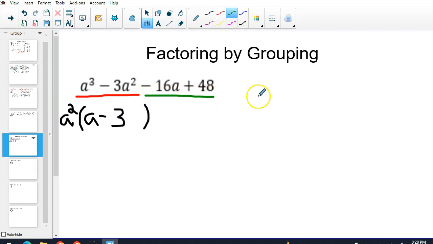Okay, now let's look at what's common between these two. They both have a 16. And I'm going to factor out the negative with it, and I'll tell you why in just a second.